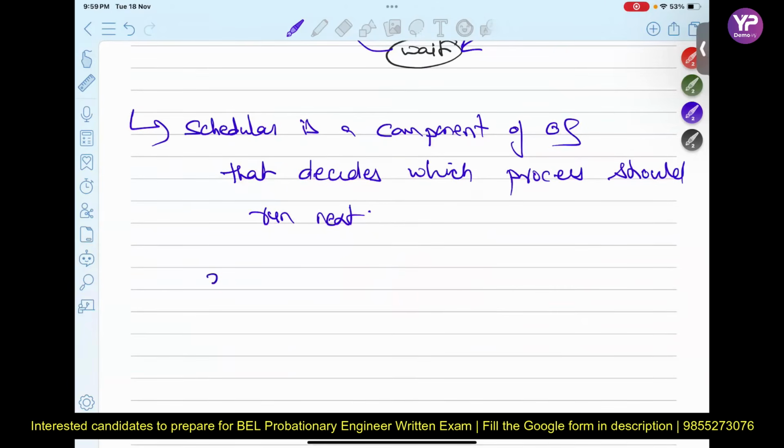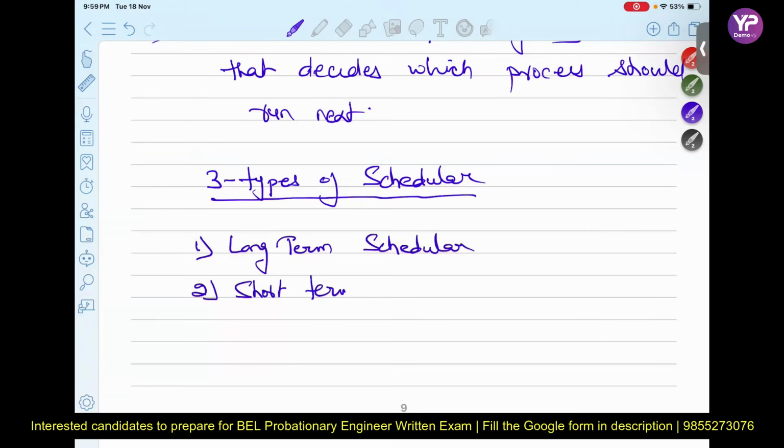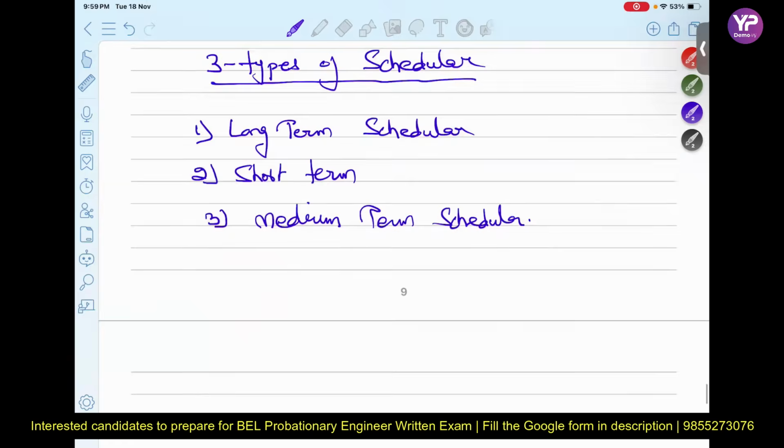So mainly we have three types of scheduler. The first one is long term. Second is short term, and third one is medium term. Now let's go one by one.